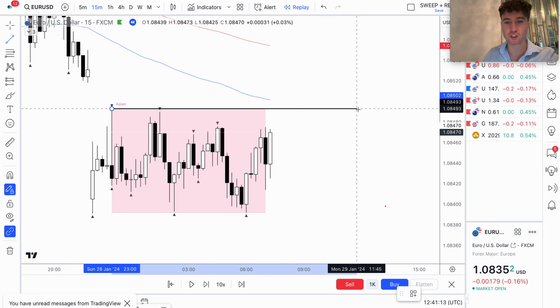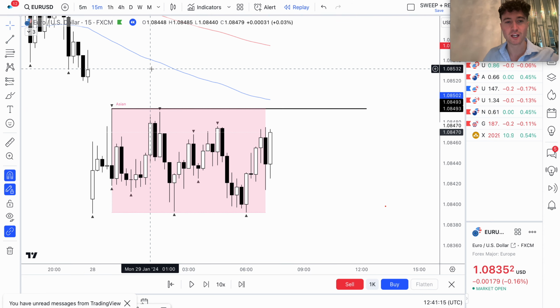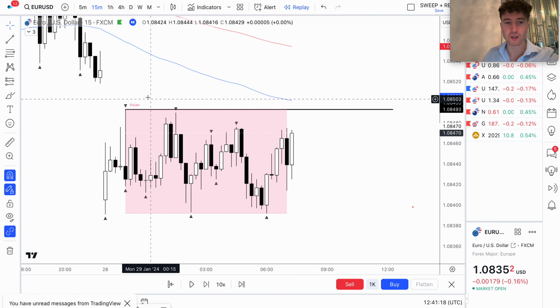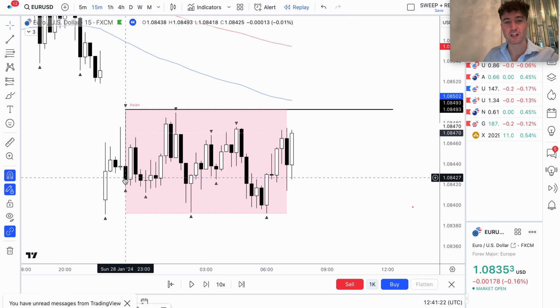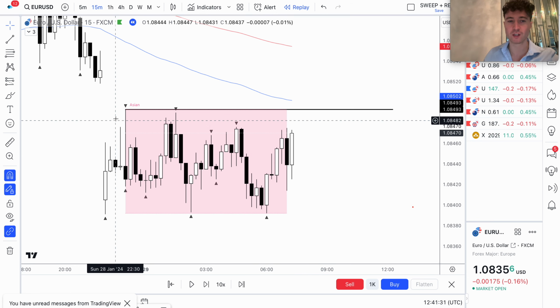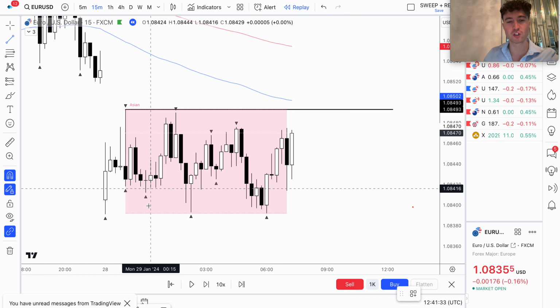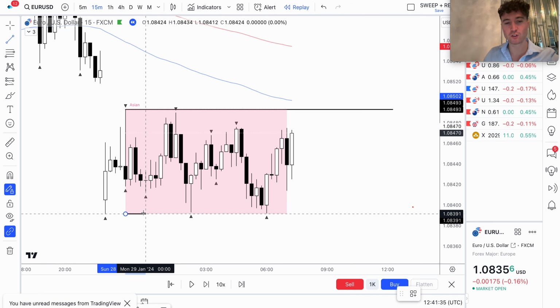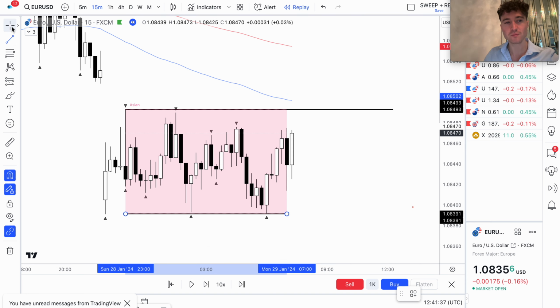Let's just extend that across and make this very, very simple. So you can see this is the Asian session, and the Asian session has traded overnight. We've woken up at 7 a.m., and we're looking to enter the London session. Overnight we've had this range which has built up during the Asian session here.